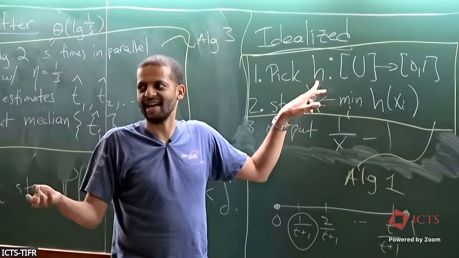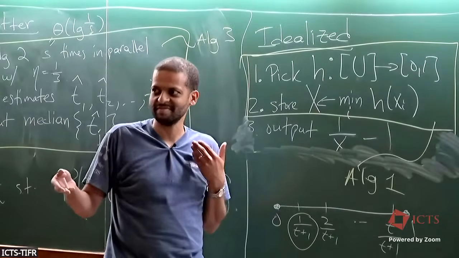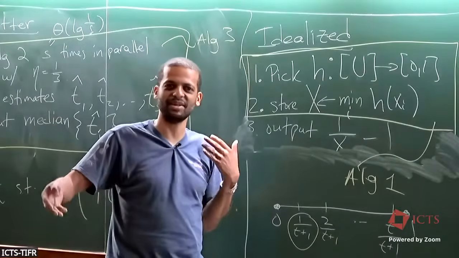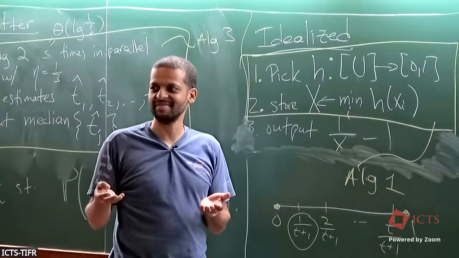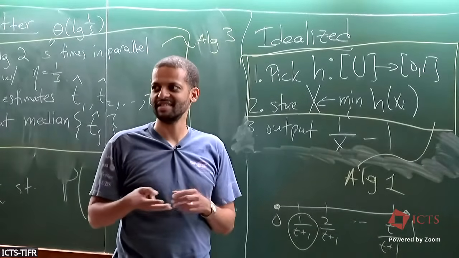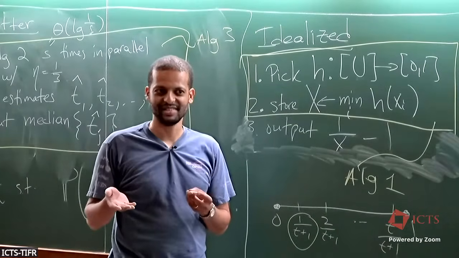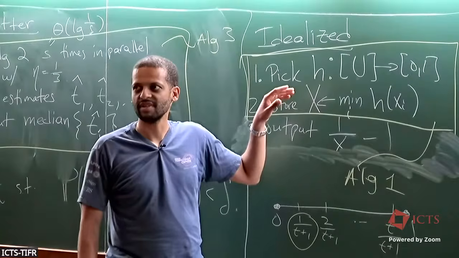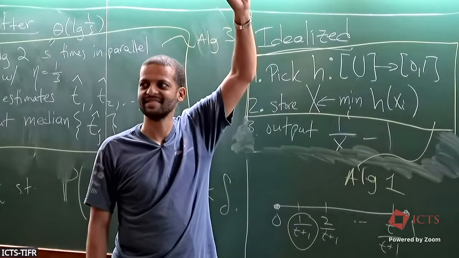How do I do that? Well, I basically need to store the evaluation table of H. But H has a domain of size U. So storing the evaluation table of H would take U memory. There's already a trivial algorithm for this problem using U memory. Just store a bit array of length U and keep track of what you saw. So I can't actually afford to store such an H. Who here has seen pseudorandomness?